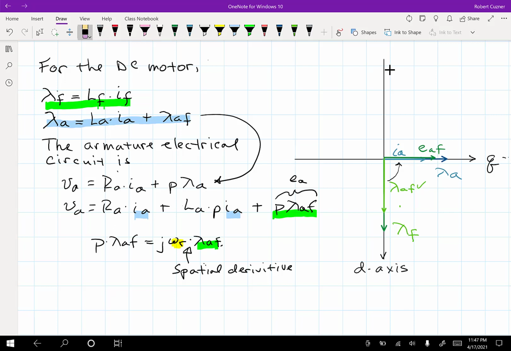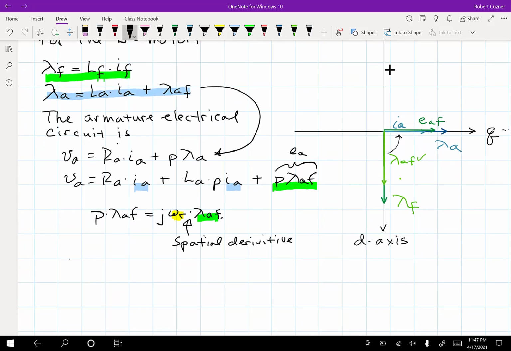If we look at this expression here, let's rewrite it where everything is lined up on the q-axis. And let's assume we're in the steady state for the moment. This will be 0 in the steady state. Otherwise, there will be some movement.